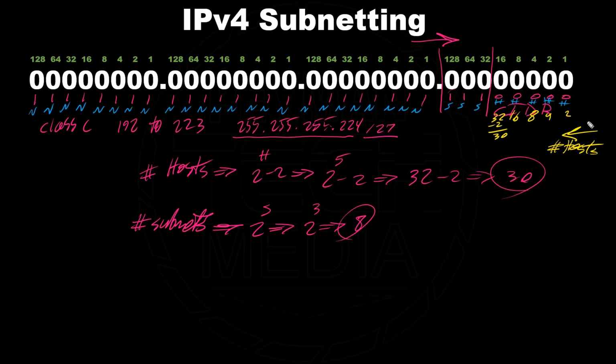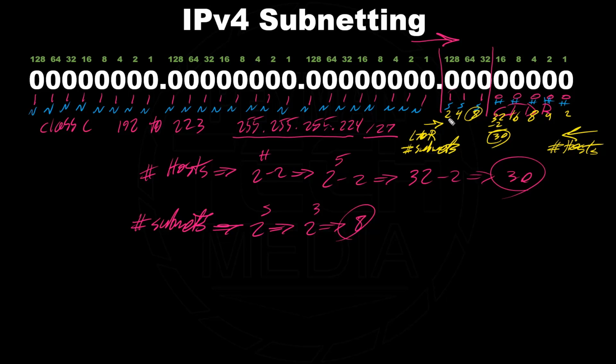If you don't want to go by the formula, for the number of subnets, for those subnet bits we borrowed from the host bits, going from left to right, starting with 2, 4, 8. That's also another way to find the number of subnets, 8, and the number of hosts, 30, as we can see.